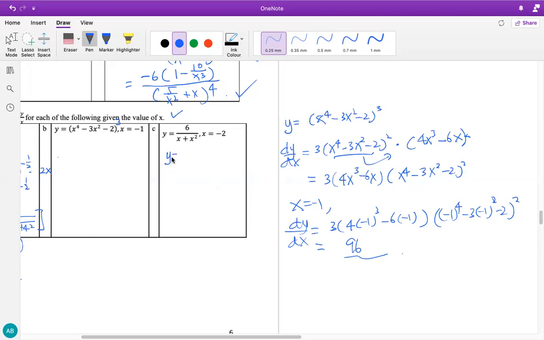So y, we rearrange. So y equals x plus x squared to the power negative 1. When you do dy dx, it becomes negative 6 x minus x squared minus 2. So you multiply inside, 2x plus 1.